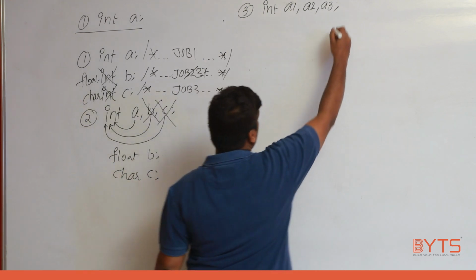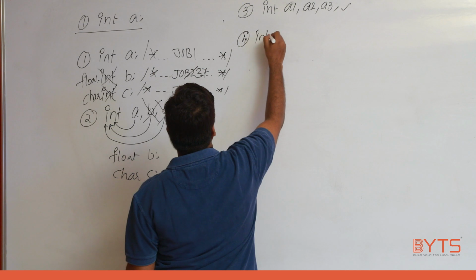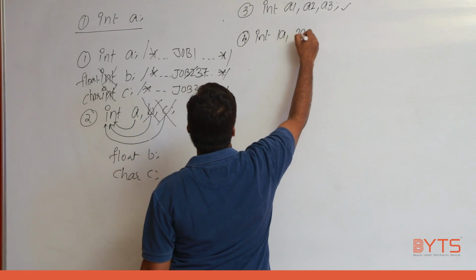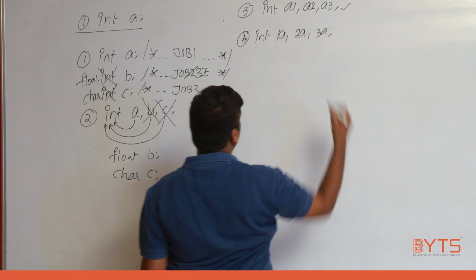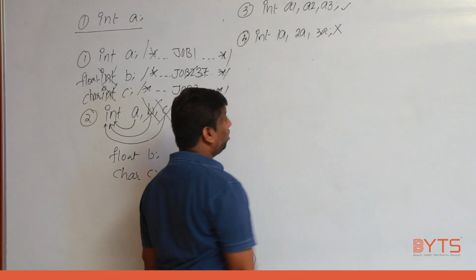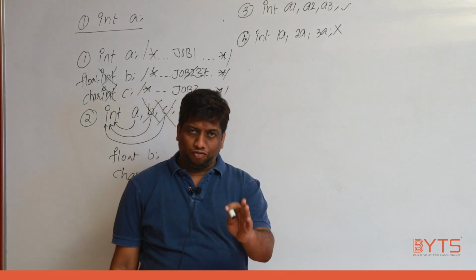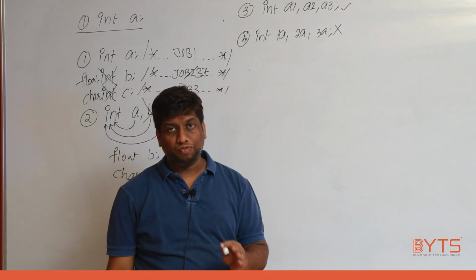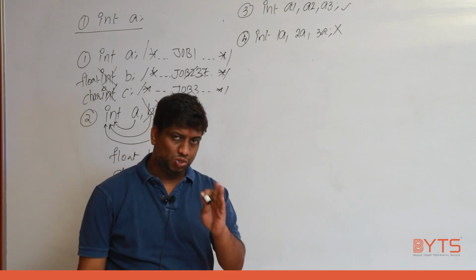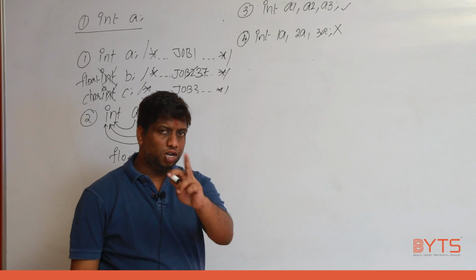Now the fourth one: int 1a, 2a, 3a. Is this valid or not valid? Not valid. Why? Because a variable name should always start with an alphabet. Try to remember, this is very important. This is the first important point.